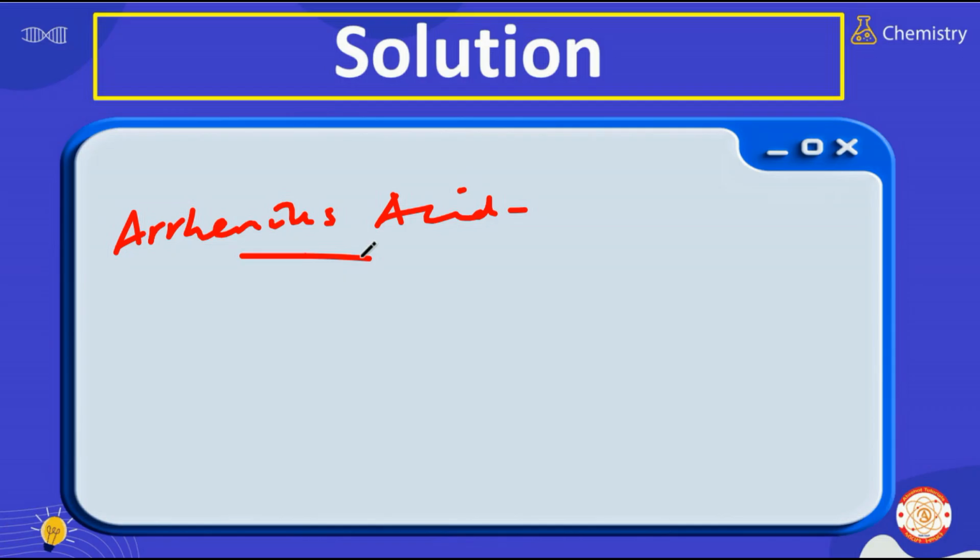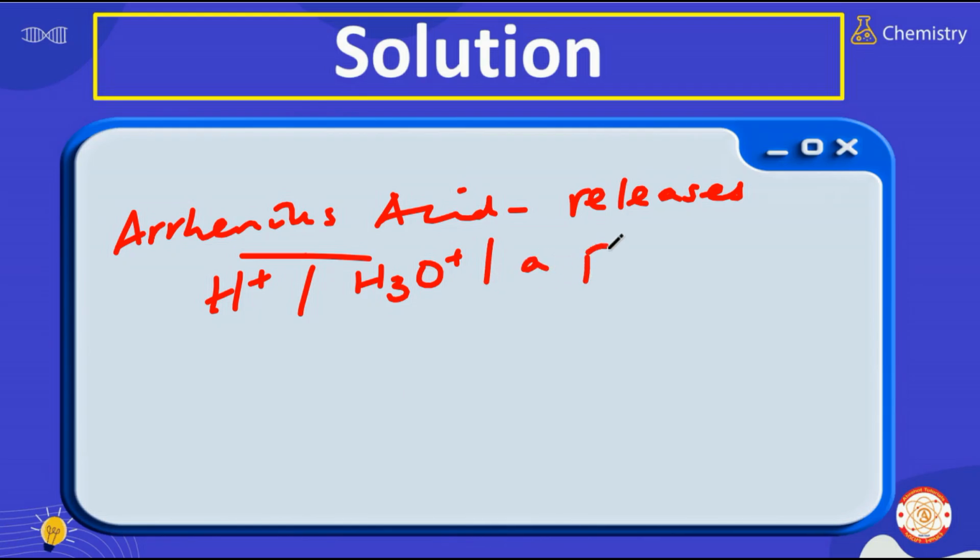So remember that Arrhenius defined acids strictly on water, and he defined acid as any substance that releases hydrogen ion or hydronium ion or a proton when dissolved in water.